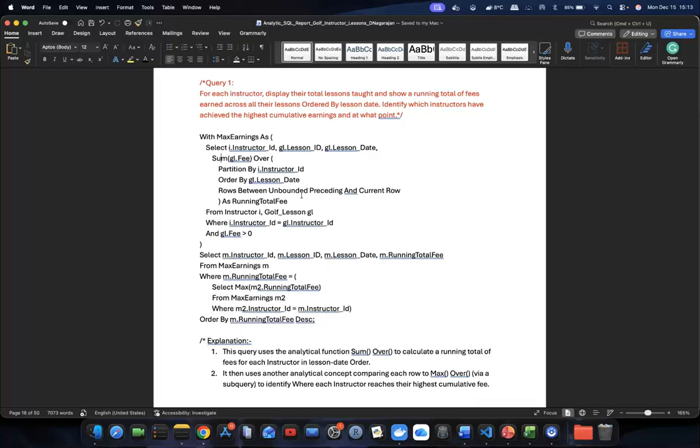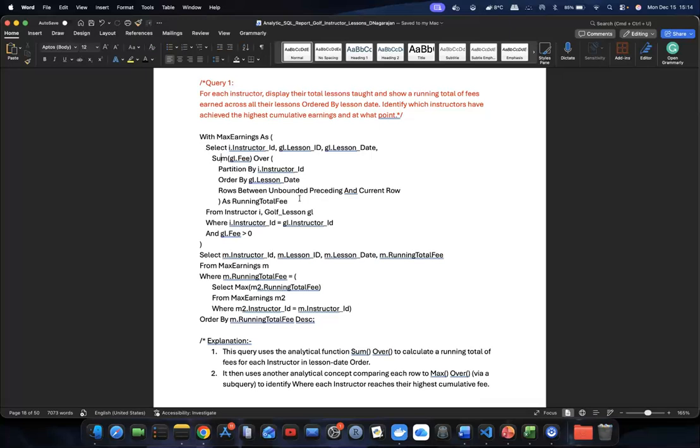It will sum up the total, and the result is a cumulative earnings curve. The first lesson equals the first fee, the second lesson equals first plus second, and so on. It just adds up to the next line, so it's cumulative earnings.